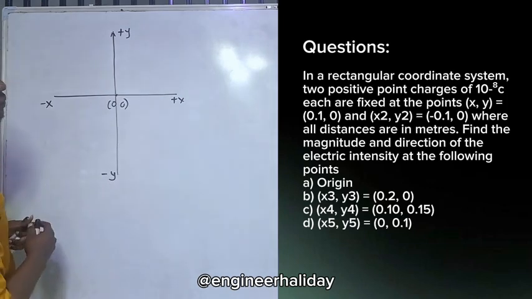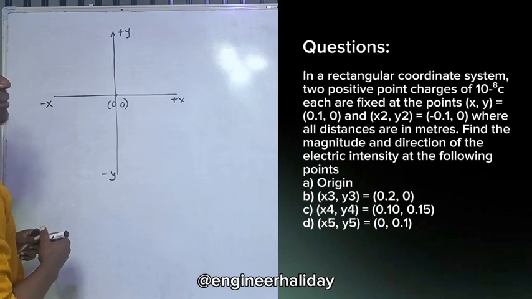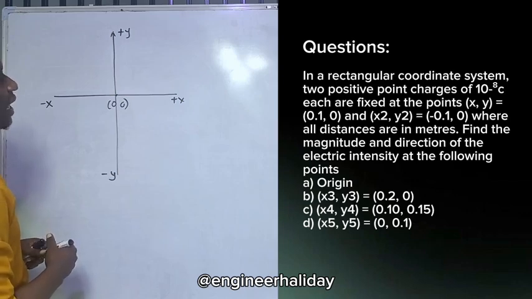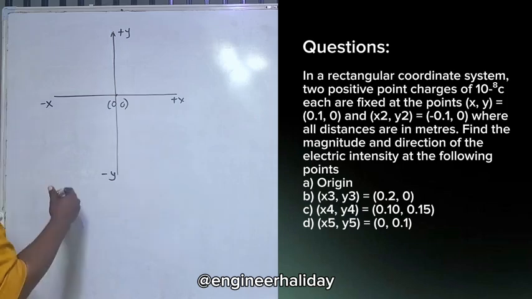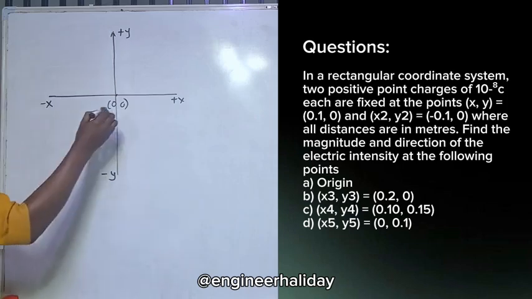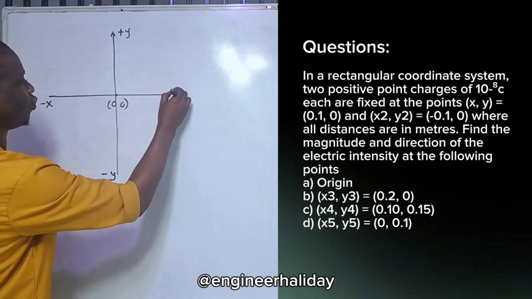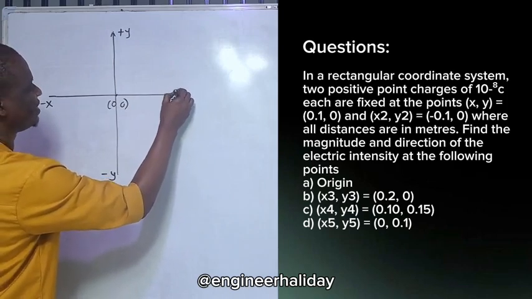Now, it said that the charge of 10 raised to power minus 8 each are fixed at the point (x1, y1) equal to (0.1, 0). So that means x is 0.1 and y is 0.